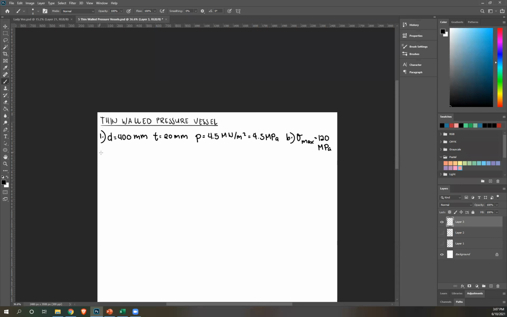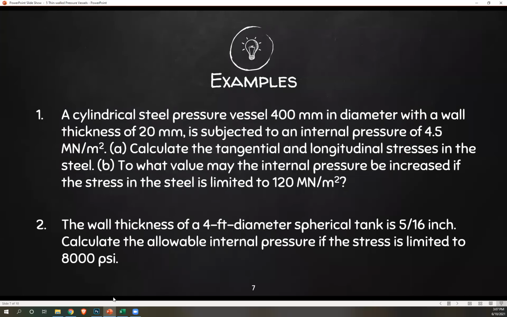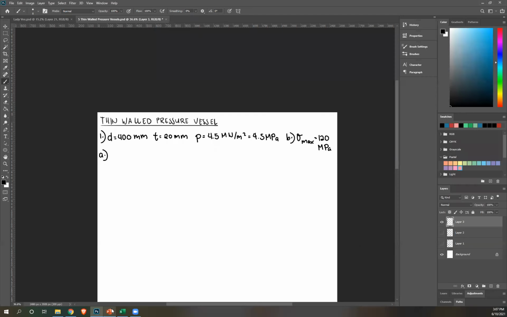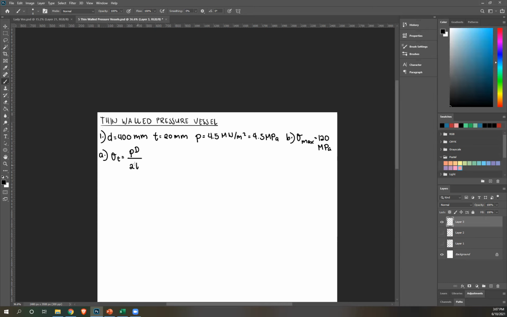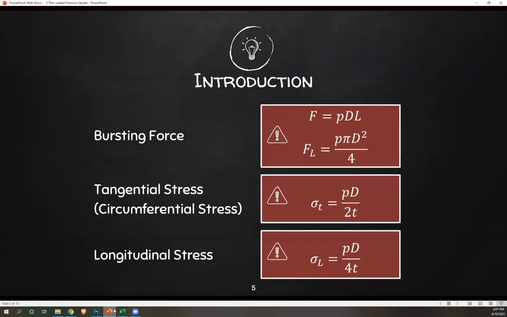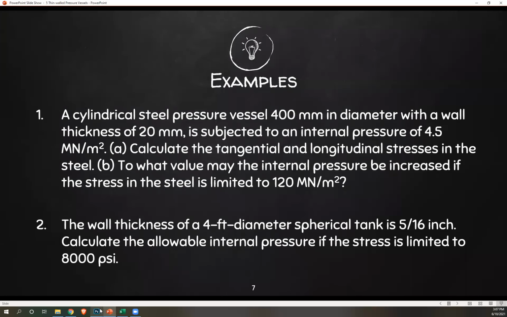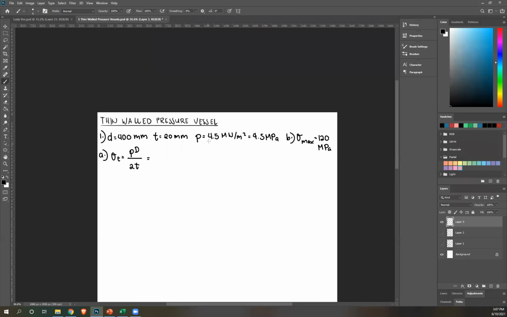Okay, let's start with letter A. Once again, we're looking for tangential and longitudinal stress. So that's easy. We just need to directly substitute into our equation. So tangential, that's PD over 2T, right? Let's check. Yep, PD over 2T for tangential. Sub in your values. Our P is 4.5 MPa, which is also equal to Newton per millimeter squared.